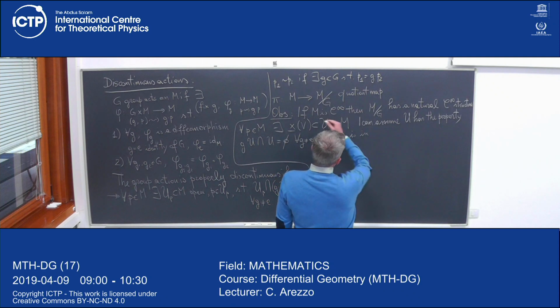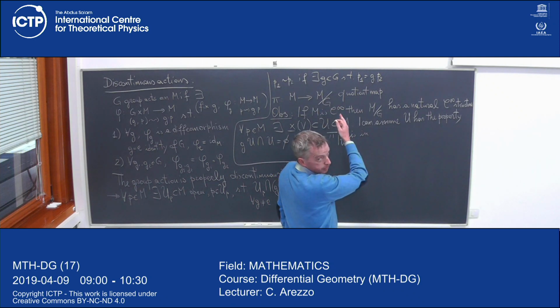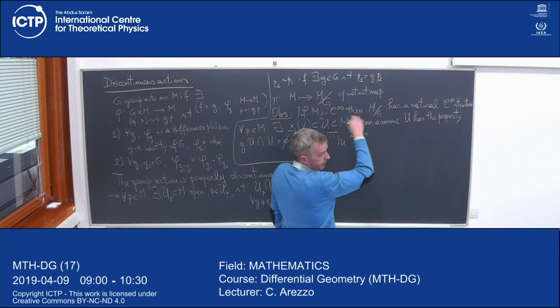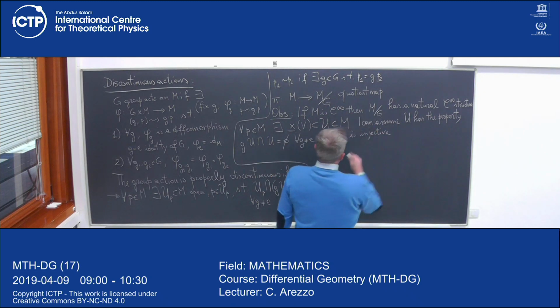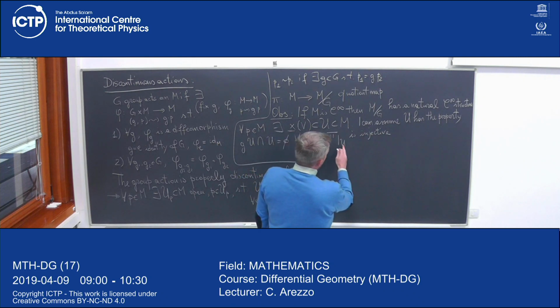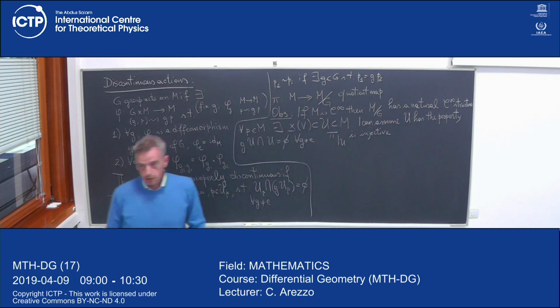I cannot really say the identity because the spaces are different. I cannot say pi of P is equal to P. But that's the model. Pi identifies U and the quotient of U. These are completely indistinguishable at this point.